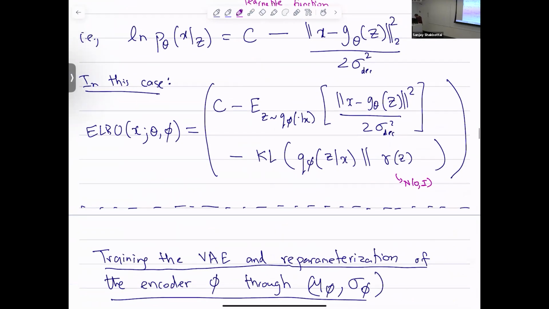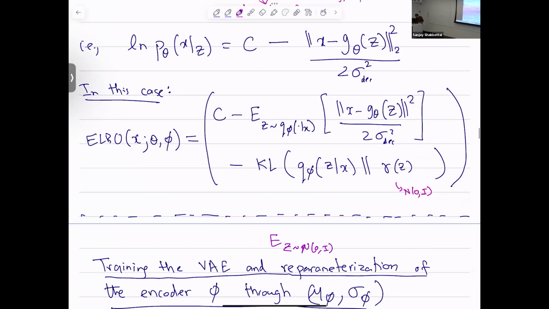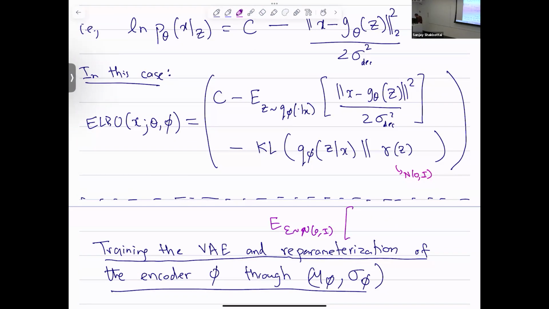Okay, let's write that actually here. You can write this as expected value, z in Gaussian, not z, sorry, epsilon, of x minus g theta of mu phi of x plus epsilon sigma phi of x.